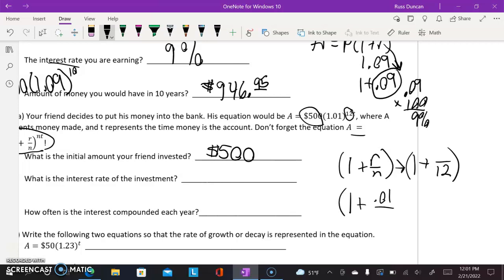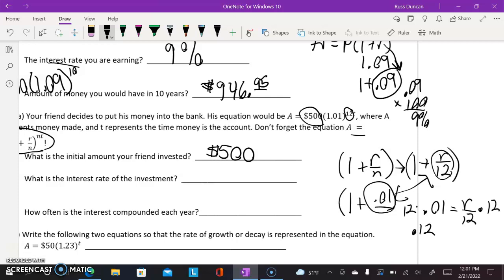So 0.01, let's just put R, we don't know. 0.01 would equal R over 12. Right? They would equal each other. So if I multiply by 12, I get 0.12, which makes sense. If I'm splitting 12% into 12 pieces, I'm going to have 1%.